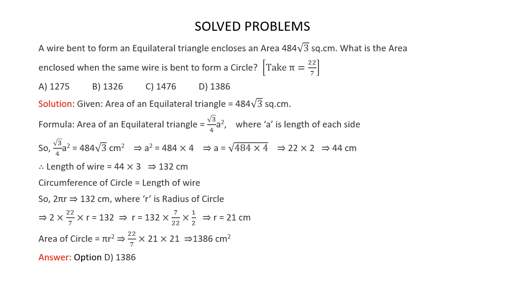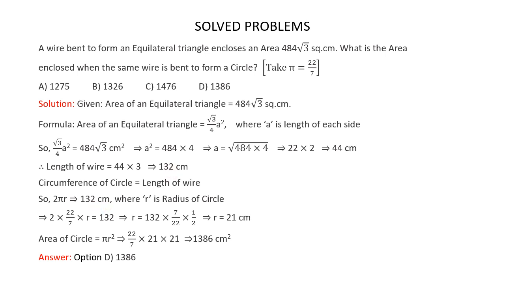Now it's given that the same wire is bent to form a circle, which means the circumference of the circle would be equal to the length of the wire. Now we know that the circumference of a circle is 2 pi r and length of the wire we have found out as 132 centimeters.